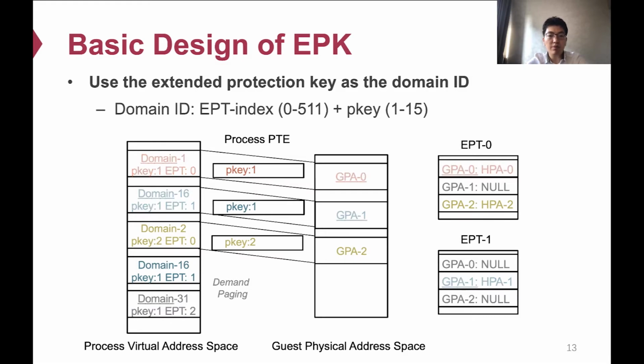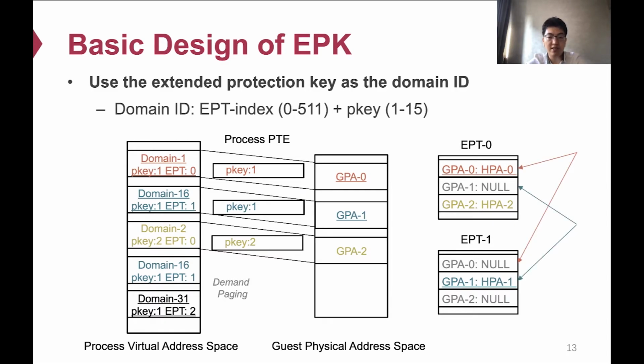For example, domain 1, domain 16, and domain 31 can all use PK1 because they will be mapped in EPT0, EPT1, and EPT2 separately. Memory isolation between domains within the same EPT is achieved through the use of distinct PKs.